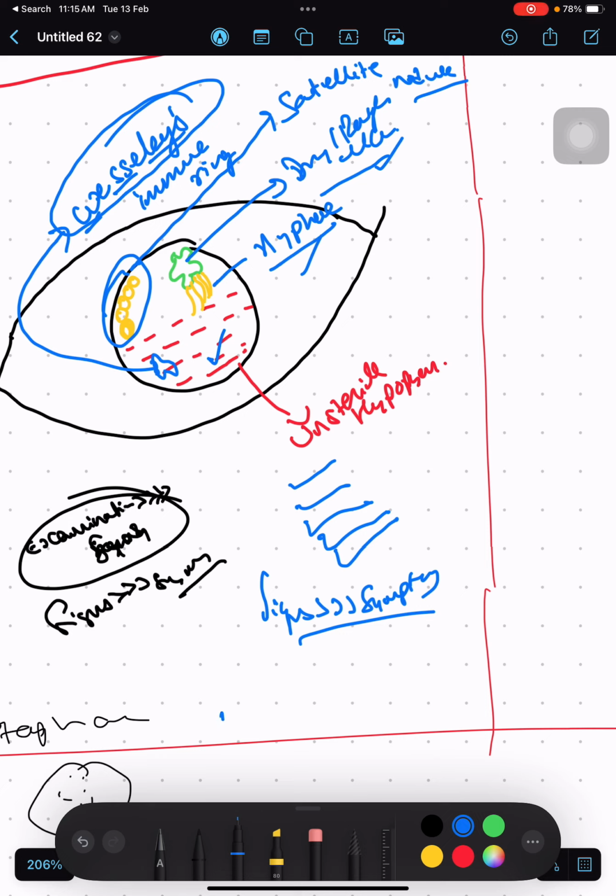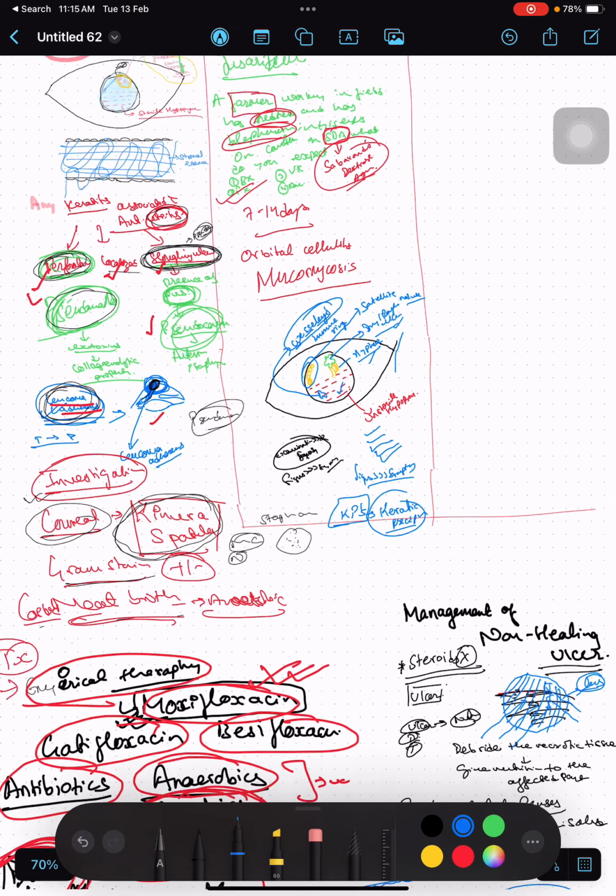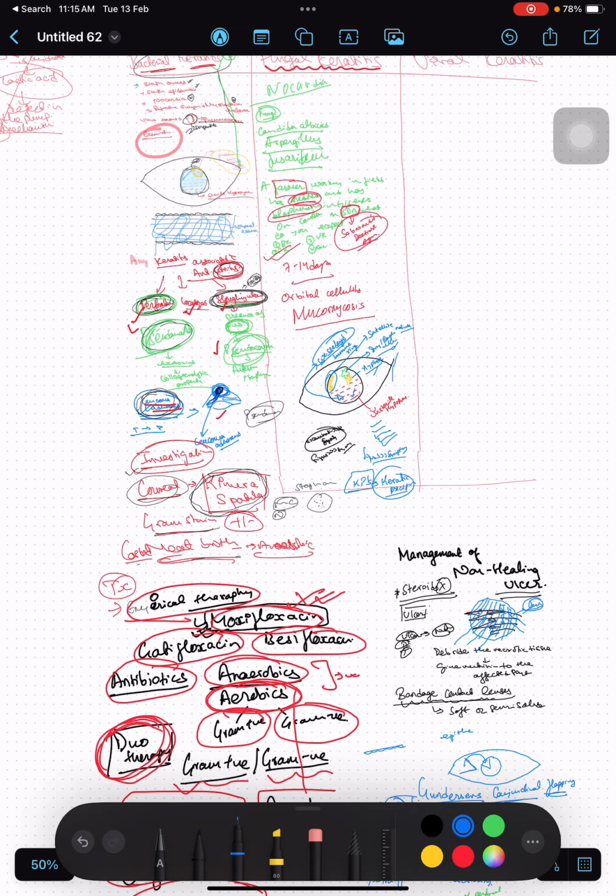Here, there might be KPs. What are KPs? KPs are keratic precipitates. Keratic precipitates are also seen in the case of bacterial keratitis, because bacterial keratitis can also be associated with uveitis. And remember that fungal keratitis can also be associated with uveitis.